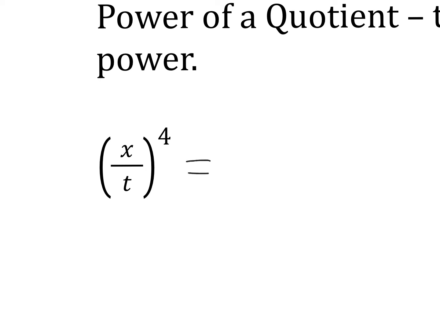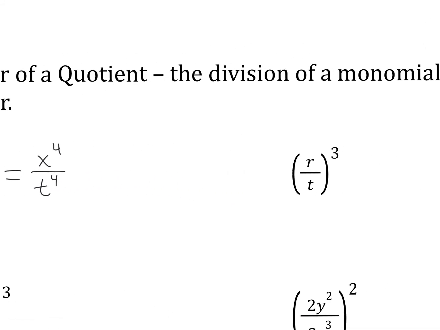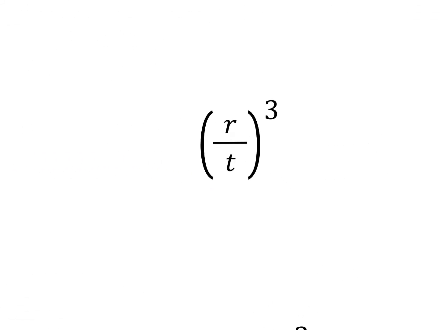Okay, so we have x over t to the 4th is going to be the same as x to the 4th over t to the 4th. Okay, similarly with r over t to the 3rd, we get r to the 3rd over t to the 3rd.